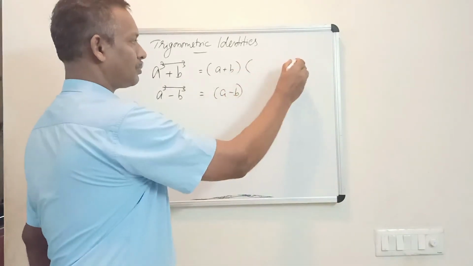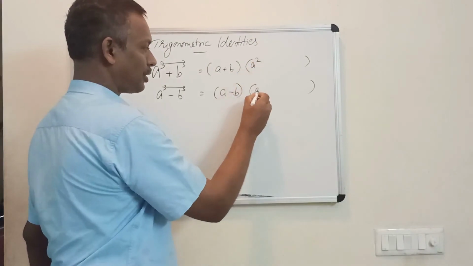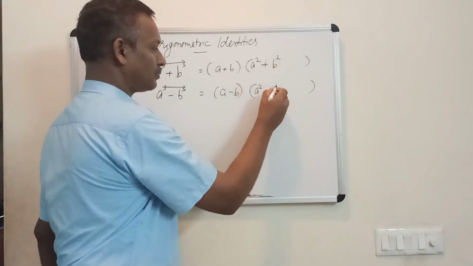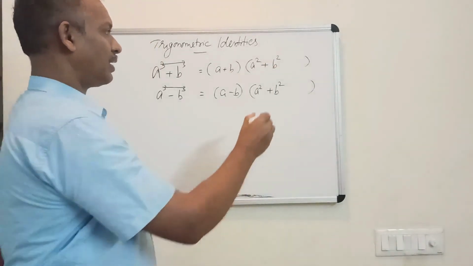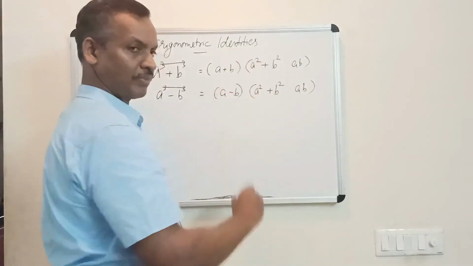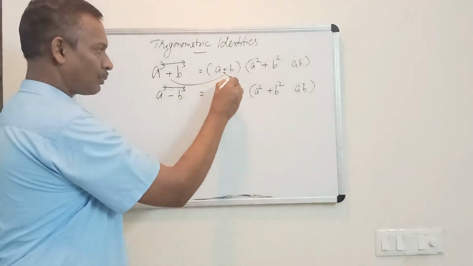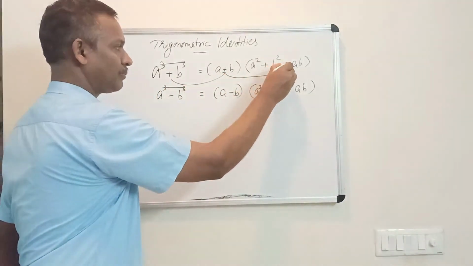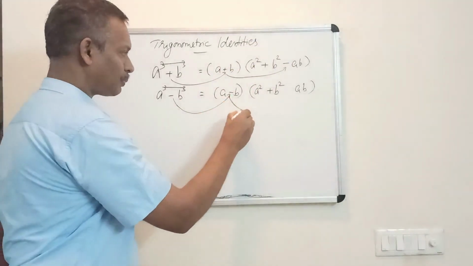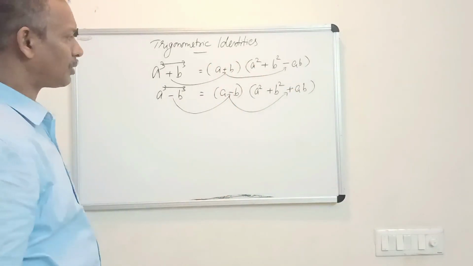And the second bracket, in both the cases, the start is the same: a square plus b square. And then there is a change: here ab, here also ab. The change is, if the given is plus, here the opposite sign you have to give for ab. Here it is minus, so the first bracket is minus, and its opposite sign you have to give here: plus ab.